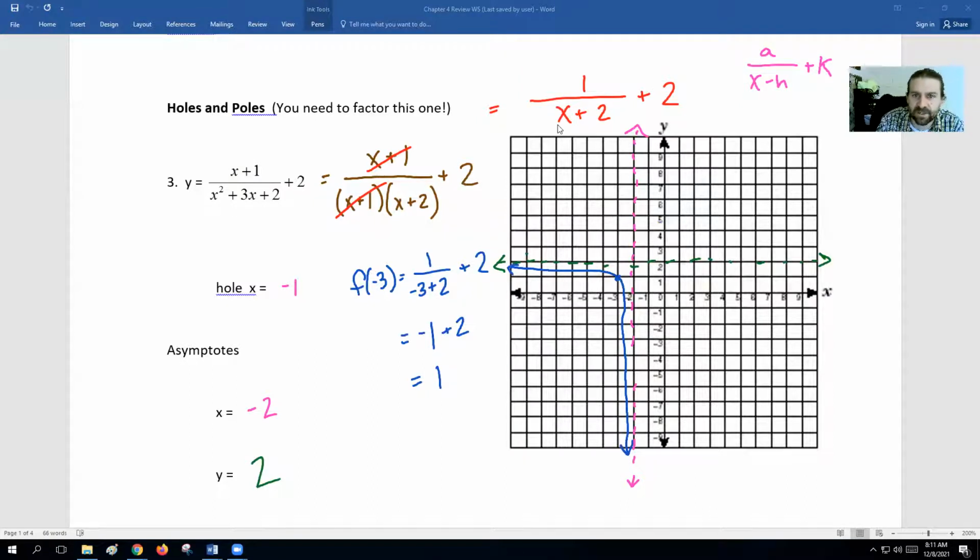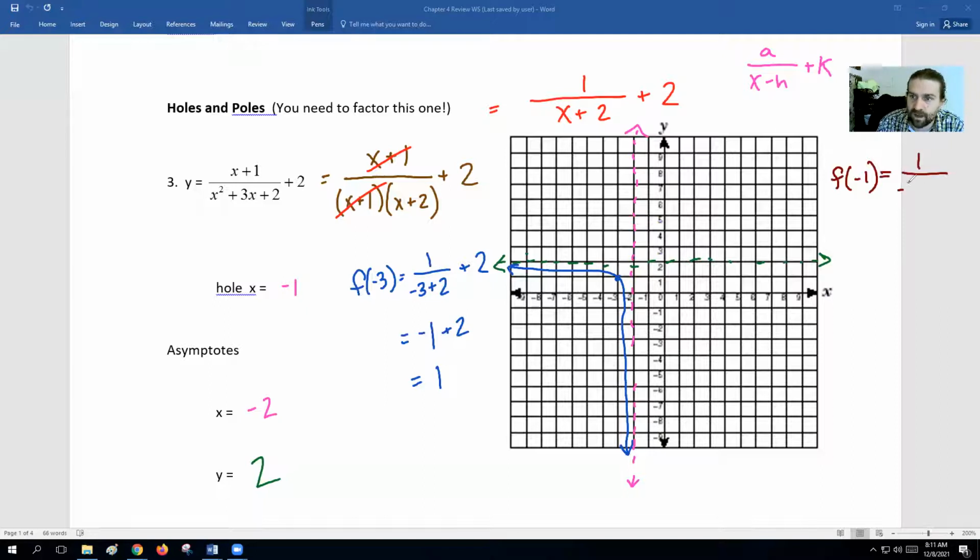Now on the other side, we need to figure out where our boomerang graph is. Well, we're going to pick a number to the right of -2. What I'm going to do is kill 2 birds with 1 stone here. I'm also going to plug in -1 to figure out where our hole is. So our hole here is f of -1. We've got to plug it back into the simplified equation.